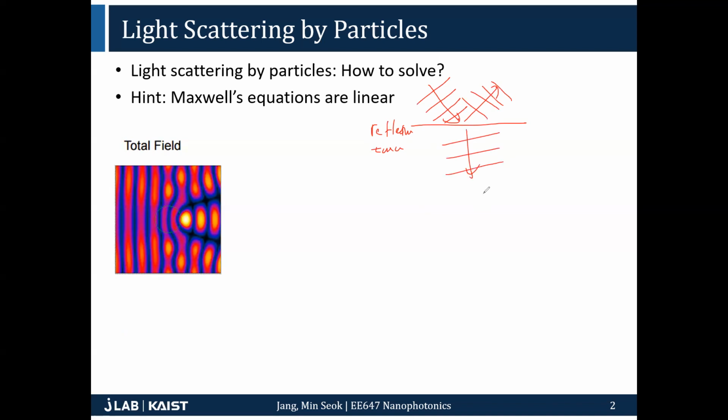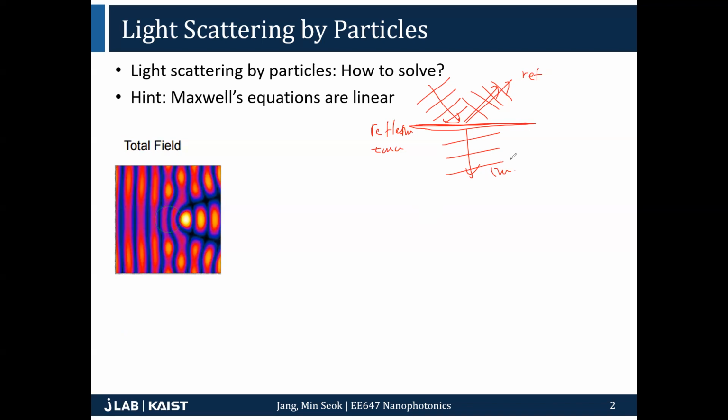Because we already knew the form of the reflected and transmitted waves, all we needed to do was match the boundary condition at the interface. So the key was knowing the form of the reflected wave and the transmitted wave.